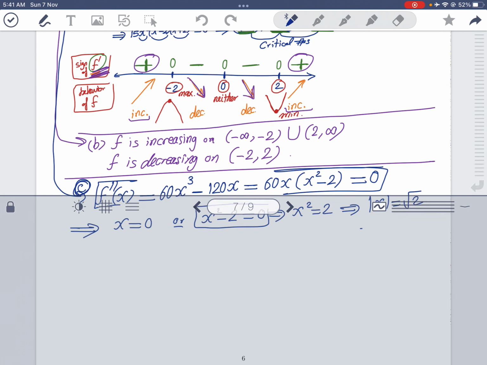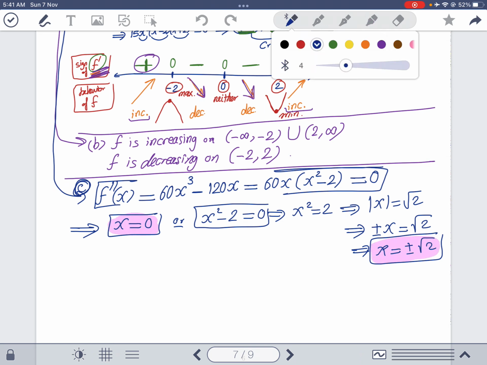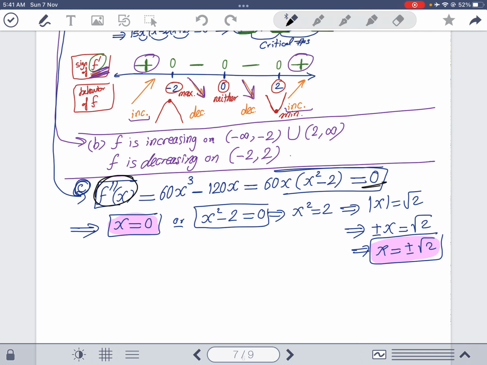What I mean by this is plus or minus. So x is plus or minus radical 2. So you have x equals 0 and plus or minus radical 2. These are the places where the second derivative, f double prime, equals 0.